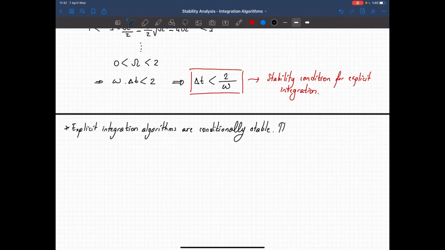The time interval, or the time step, should be smaller than a certain value. Otherwise, the solution diverges.